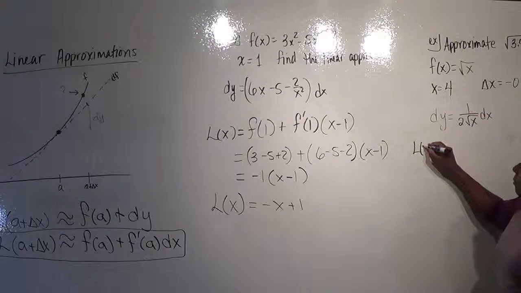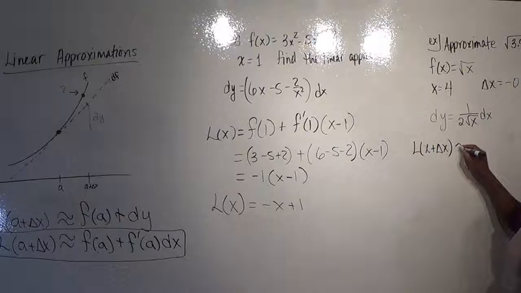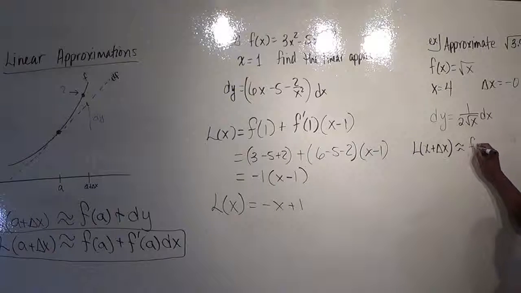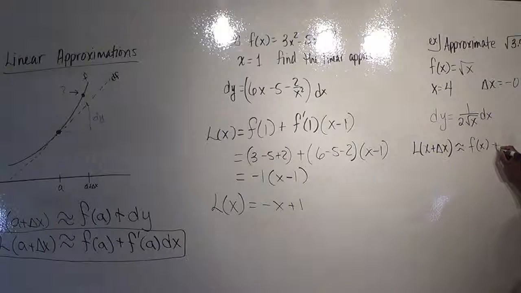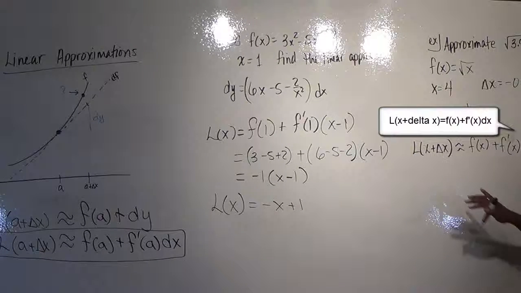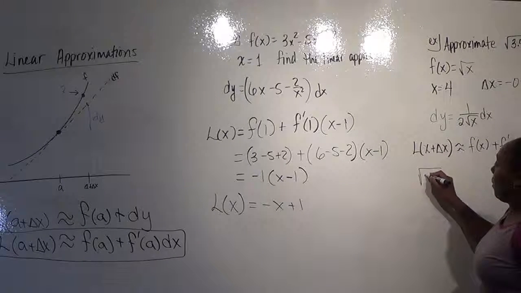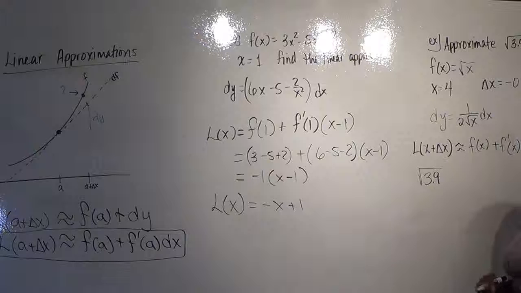So again, L of x plus delta x is going to be approximately f at x plus f prime at x times my dx. Okay. If I'm looking here, L of x plus delta x, that is my square root of 3.9. It's always whatever it is you're trying to approximate.